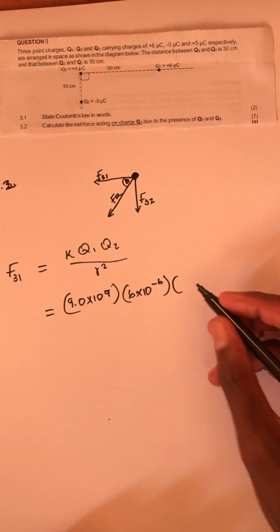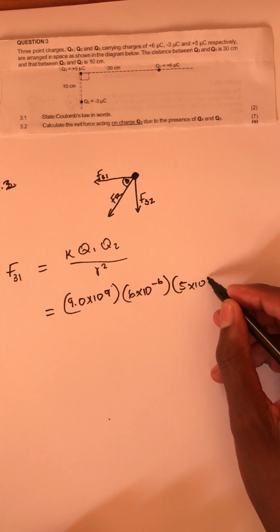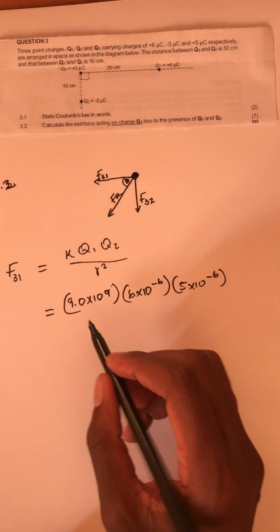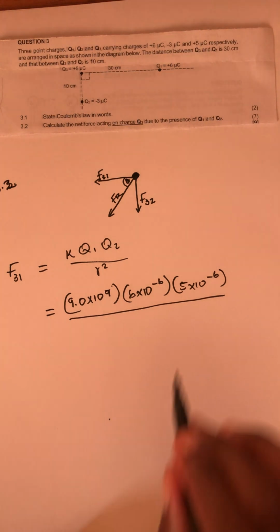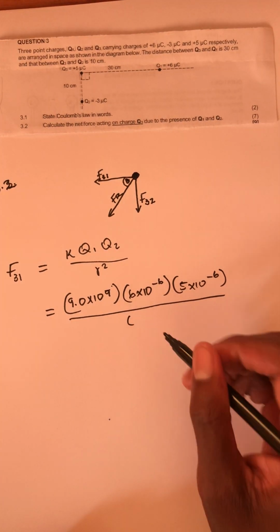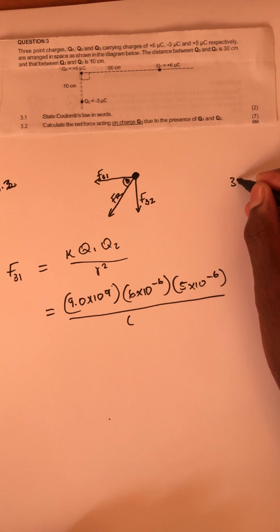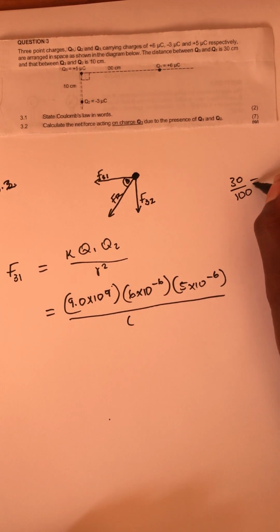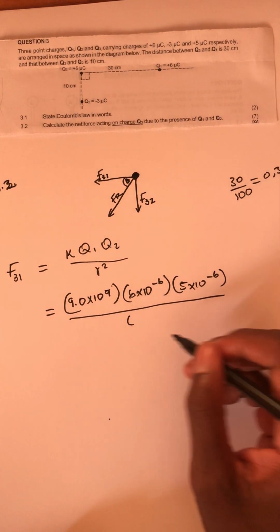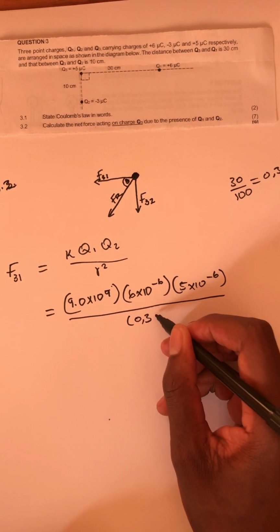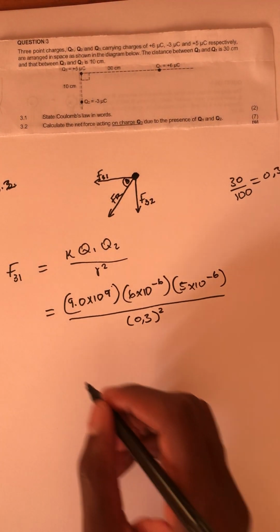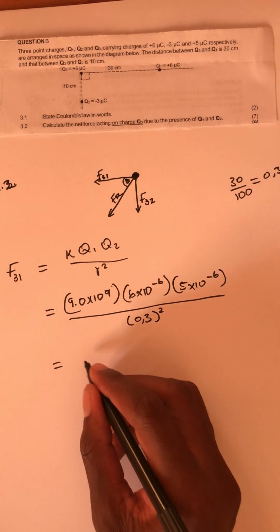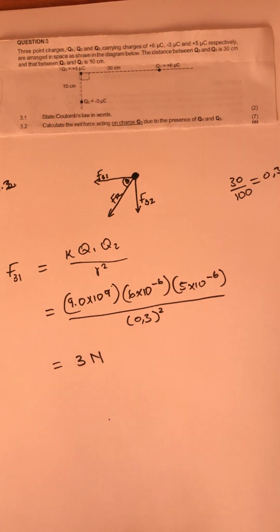Now charge 3 is 5 times 10 to the negative 6, all over r squared. So what is r? r is 30 centimeters. That means 30 divided by 100, it will give us 0.3 meters. So this is 0.3 meters squared. From here, the answer is going to be 3 Newton.